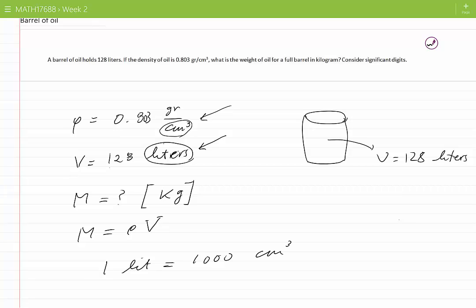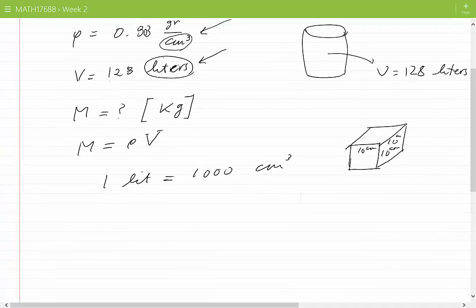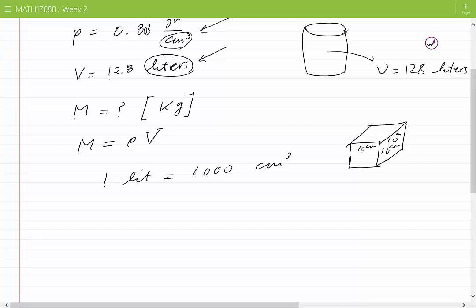In fact, a liter is the volume of a cube which has the dimensions 10 by 10 by 10 centimeters. That's a good way of thinking of 1 liter. It's very easy to imagine. And that would give us 1000 centimeters cubed.